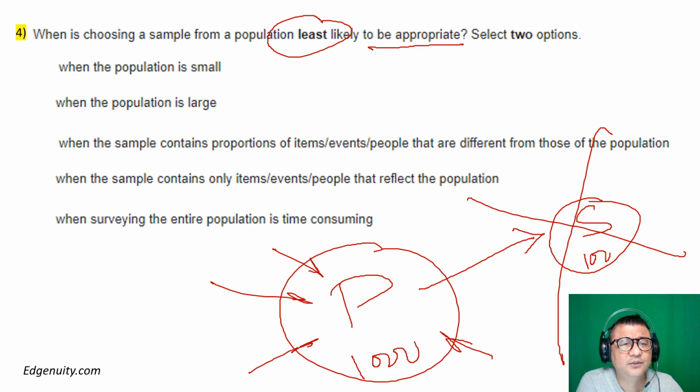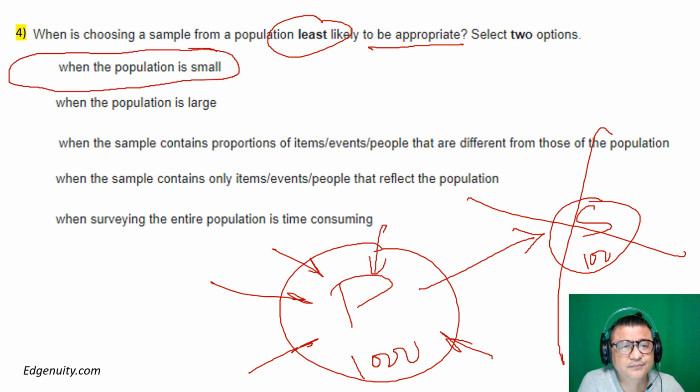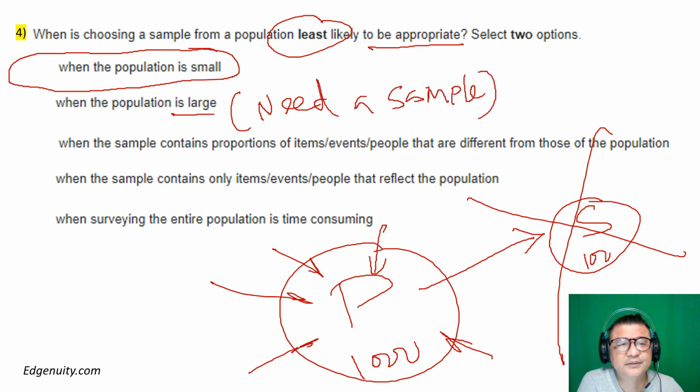Number one, when the population is small. Yes, if I'm going to know the views of 10 students, my population is 10, so let me just ask them. That's good. When the population is large, obviously, if it's large, you need a sample. So not you. When the sample contains proportions of items that are different from those of the population.